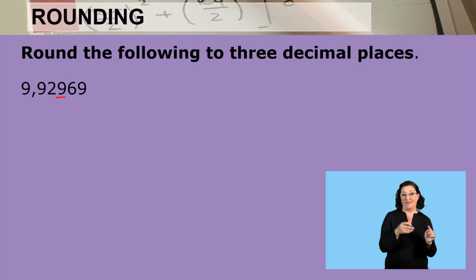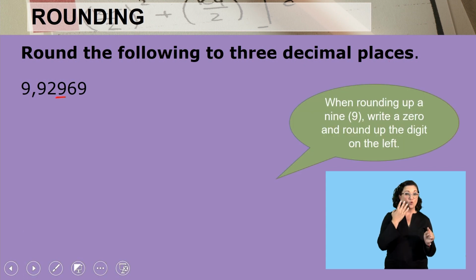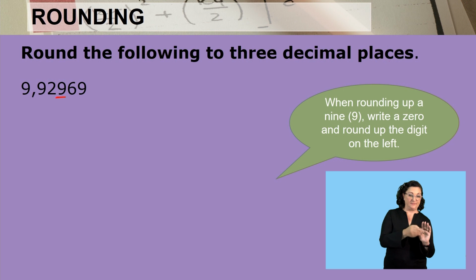Now, note, our 3rd decimal place is a 9, and this we need to note. When rounding up a 9, write a 0 and round up the digit on the left. So a 9 rounded up becomes a 10. We write the 0, take the 1 to the digit on the left.